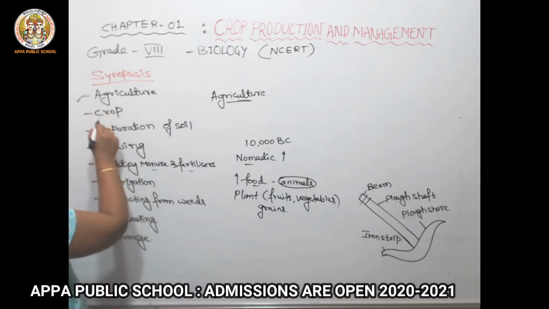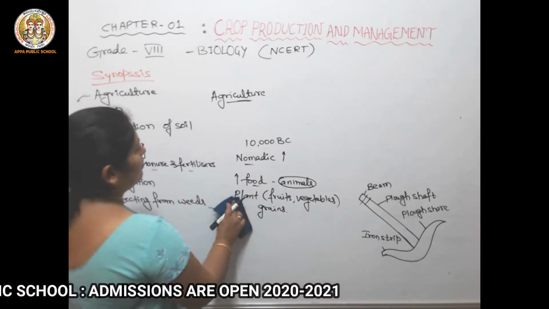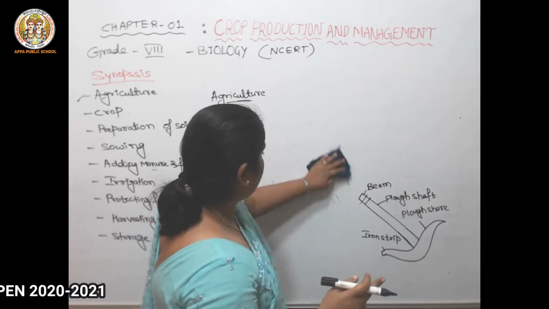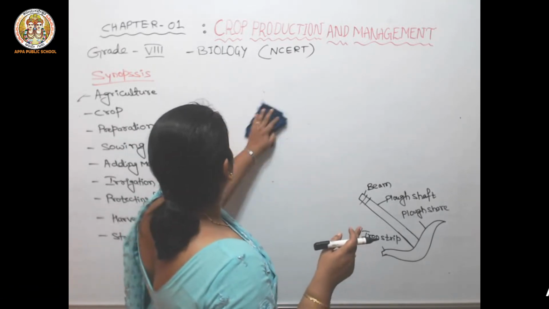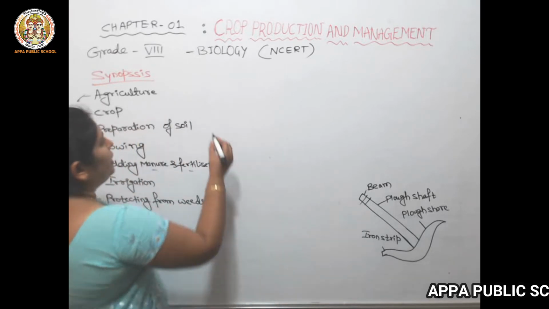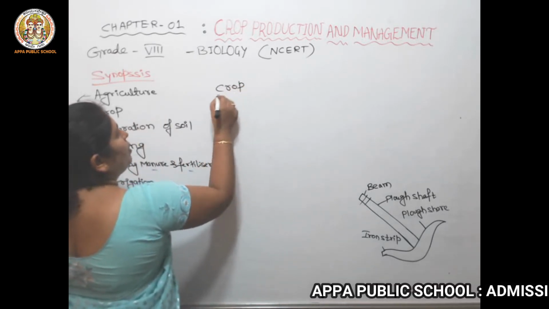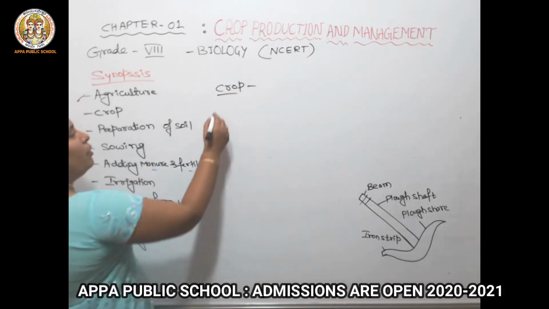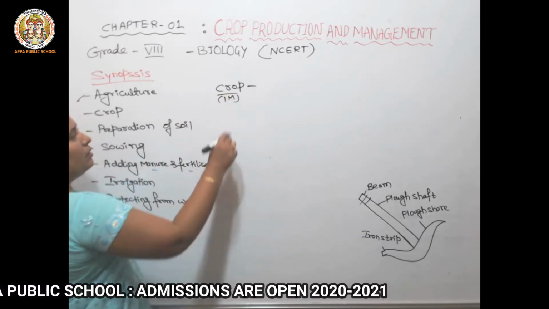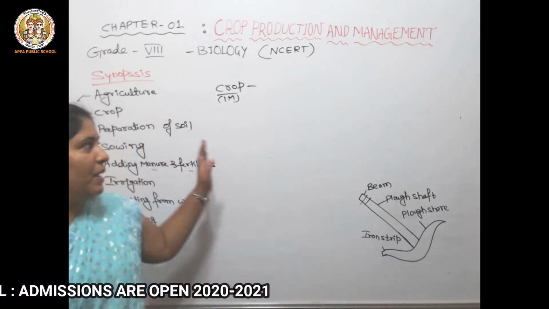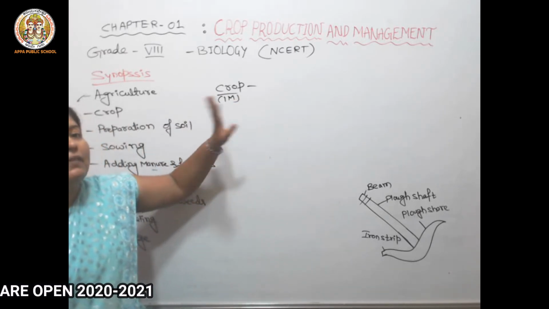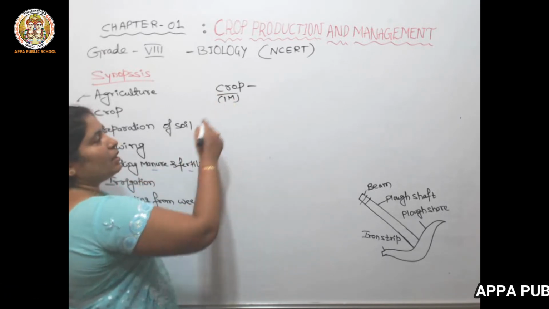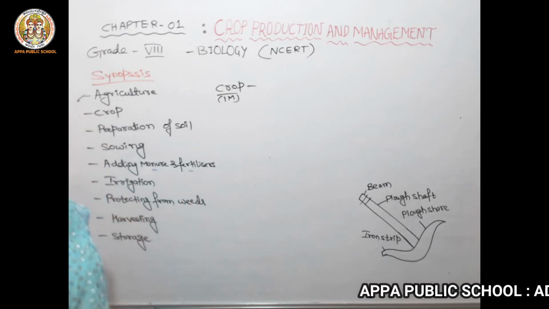After agriculture, the next one is about the crop. Here, it's very important, students. Just remember, we can ask you the definition of a crop for 1 mark. From this part, a 1 mark question may arise in the form of the definition of the crop. So, observe carefully. What is a crop? Or define a crop, if it is asked in the examination.